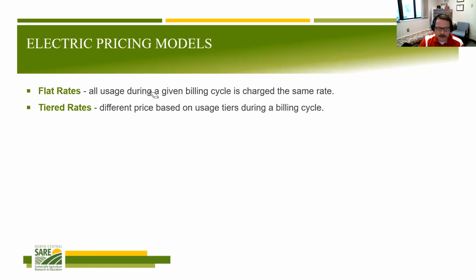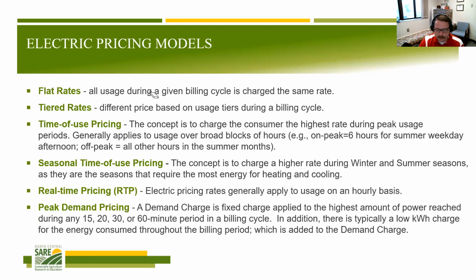There's different types of rate structures, and I'm just gonna move through these quick, but flat rates are one price per kilowatt hour. Tiered rates, we have different times of year when those are charged, or different amounts of energy you use, you have different rates. Time of use pricing we touched on, seasonal time of use pricing, real-time pricing, and peak demand pricing.